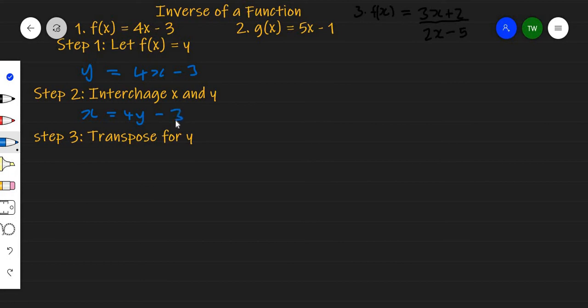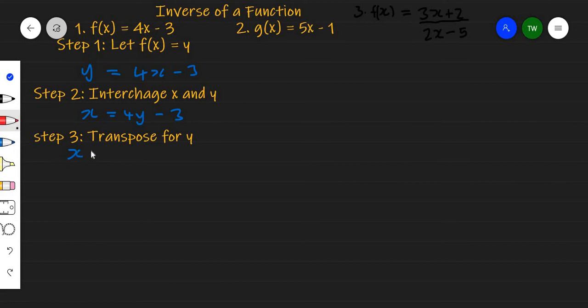And step three, what we're going to do is to transpose for y. In other words, we want y as the subject of this equation, right? So we want y by itself. So here we have x equal 4y minus 3. That means we want to get rid of this minus 3, so we can add 3 to both sides.